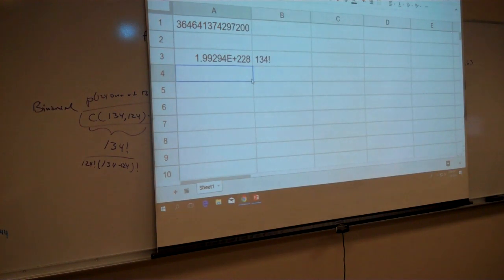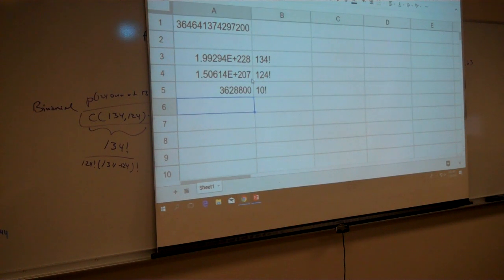Okay? And then, what was another one? We needed 124 factorial. Again, if I just do 124 factorial, it's again a giant number. We also needed factorial 10. This is 10 factorial.